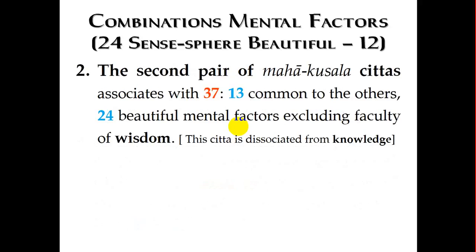How about the third pair of Mahakusala? The third pair has equanimity feeling, so which one will you exclude? Piti, zest. Piti will not associate with equanimous feeling. And the third pair of Mahakusala Cheta will be associated with wisdom, so the wisdom will be joined again because it is associated with knowledge.